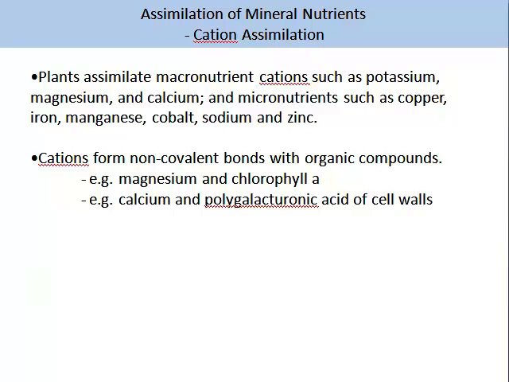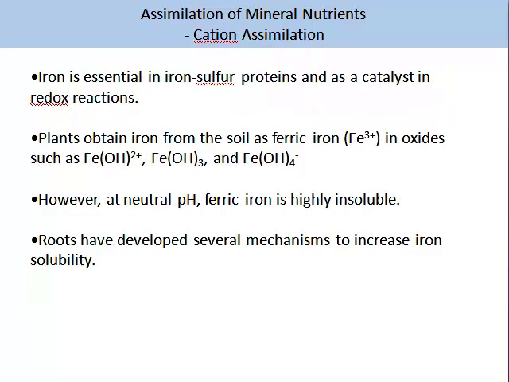Cations form non-covalent bonds with organic compounds. For example, magnesium bonds with chlorophyll A. Calcium bonds with polygalacturonic acid of cell walls. Iron is essential in iron-sulfur proteins and as a catalyst in redox reactions.